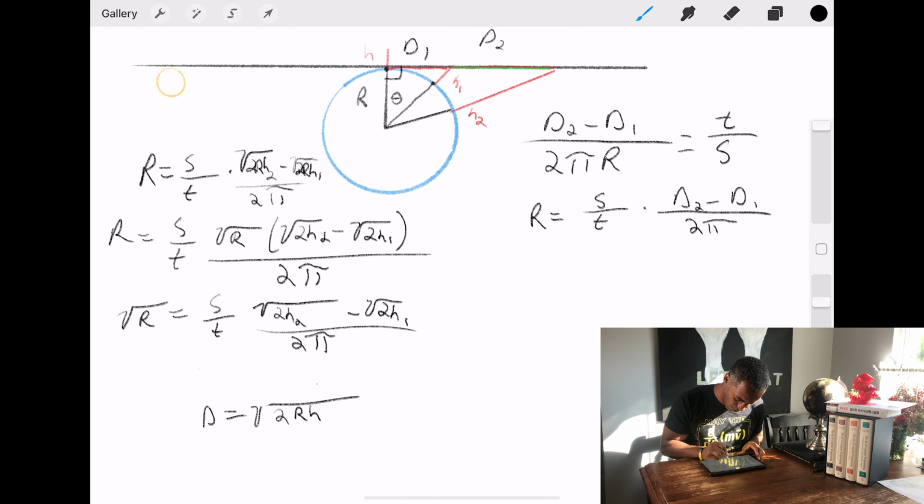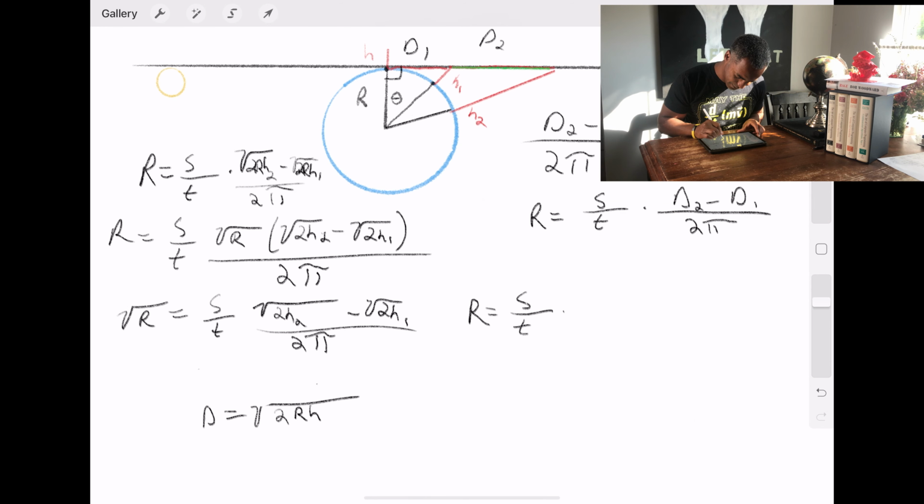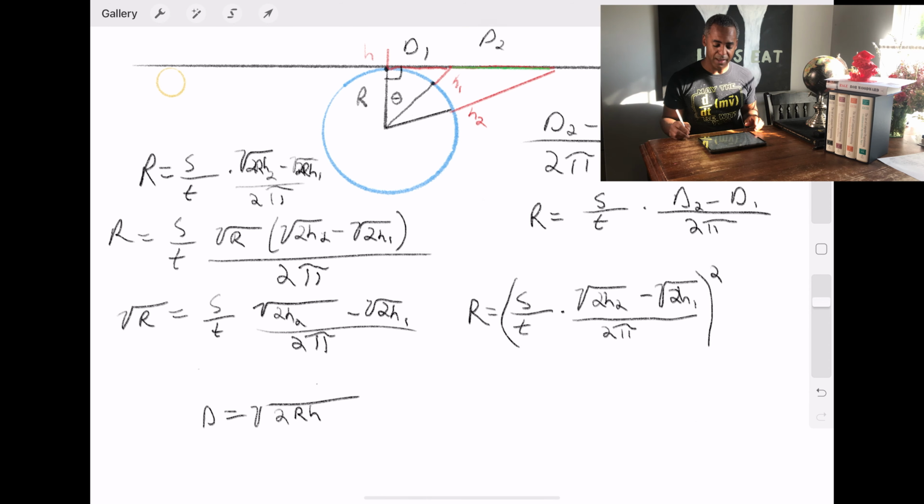So squaring the square root of r gives us r, and this is equal to s, seconds in a day, over t, times the square root of 2h2 minus the square root of 2h1, all over 2 pi, all squared. And remember, we squared both sides, so we squared this. And there it is. We have our result.